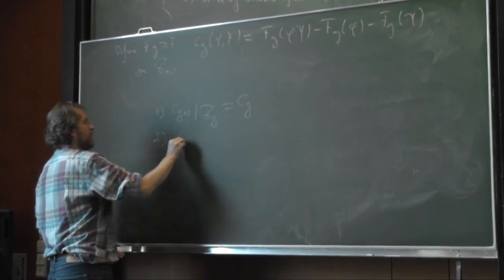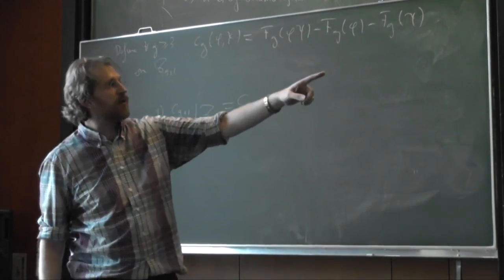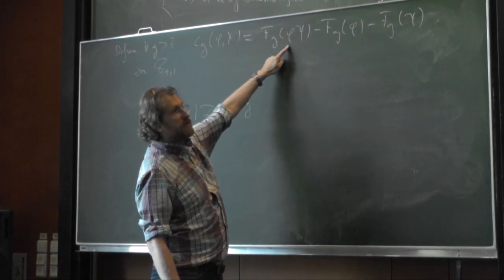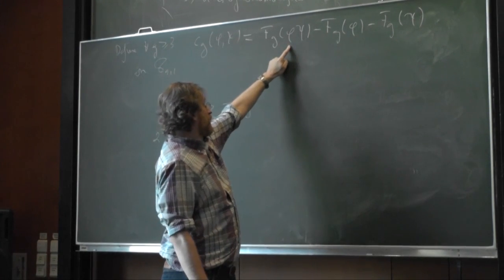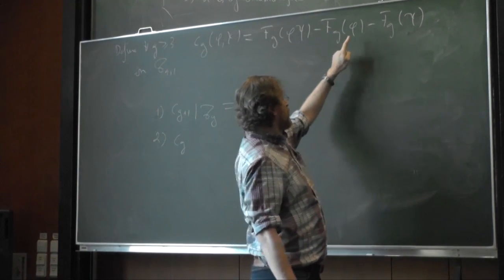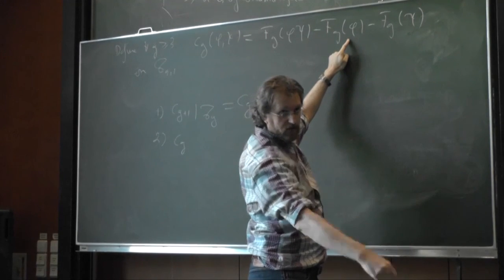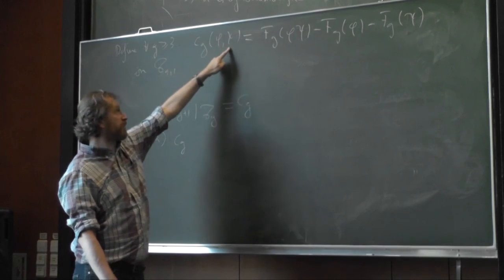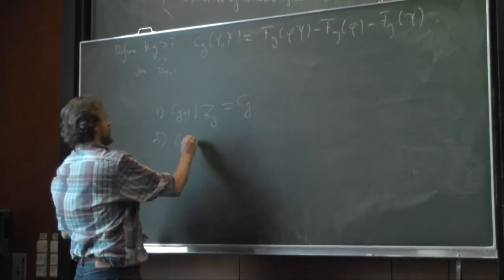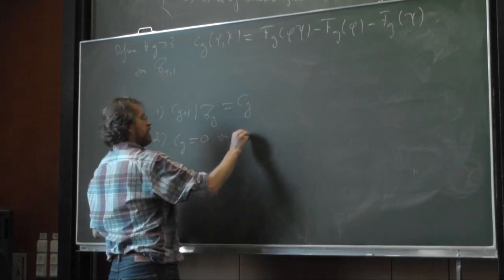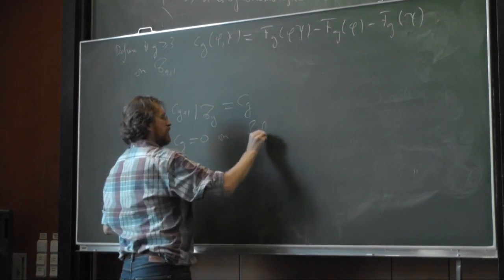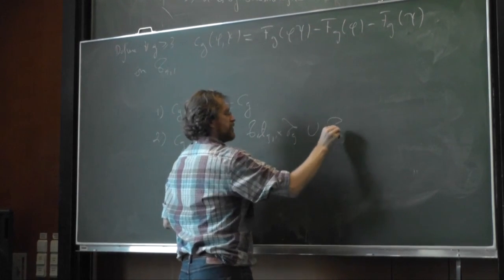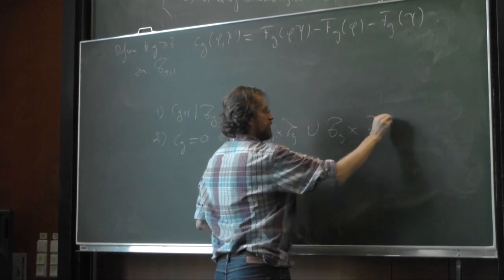Second, because you have to be constant on double classes, if this is in TAG1, then this has the same value as this, and this is 0 because you are building the 3 sphere, and therefore this has to be 0, and the same with psi on the other side. So CG is 0 on TAG1 times TG1.